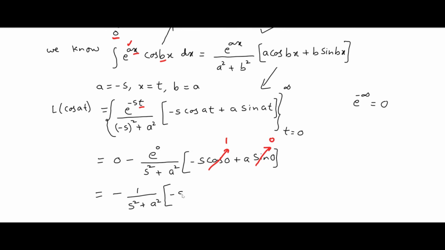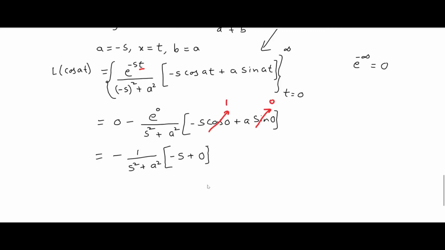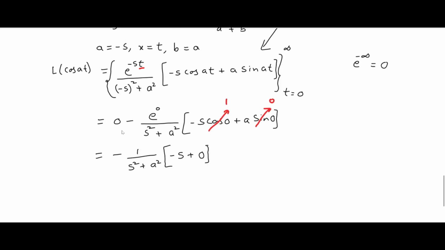Cos of 0 is 1, 1 into minus of s will be minus of s, plus sine 0 is 0, 0 into a will be 0 itself. So we just multiply, minus of minus will become plus s divided by s square plus a square. So we have got the Laplace transform of cos at will be nothing but s by s square plus a square.